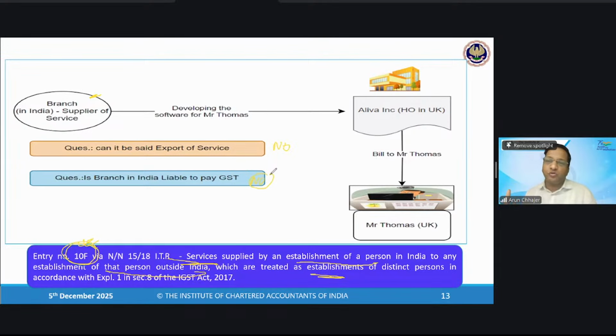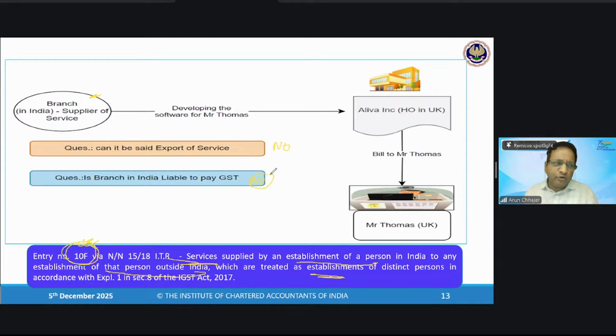Now my question to all: then what is the difference? What is the problem then? If my transaction is considered export, then I will go for LUT. If my transaction is not taxable, it means I'm not required to pay the tax. So in both cases, what is the difference? At one side you are saying it is not export, at the other side you are saying it is exempted. Does it mean that both are the same?